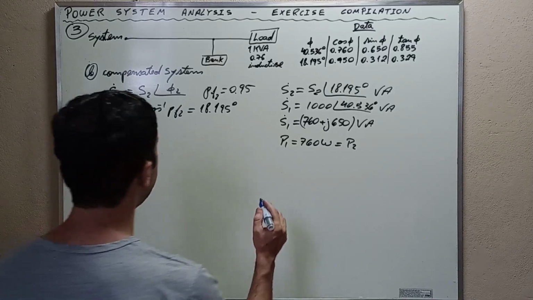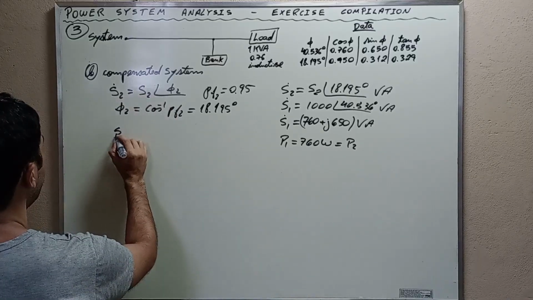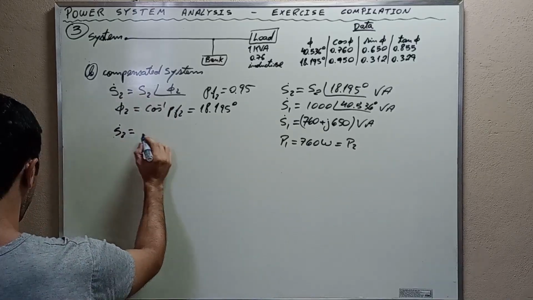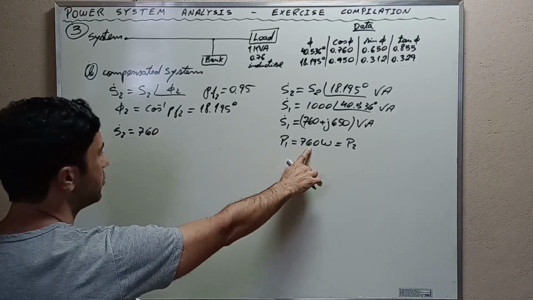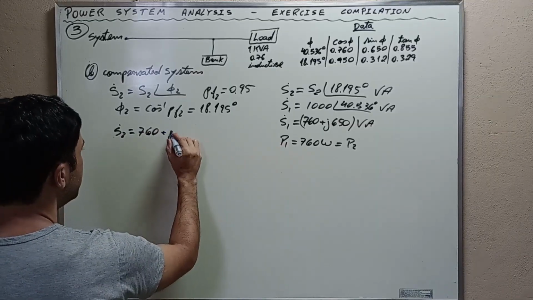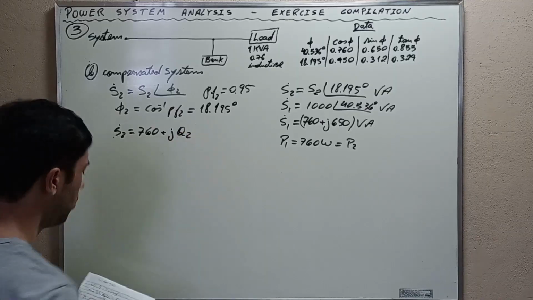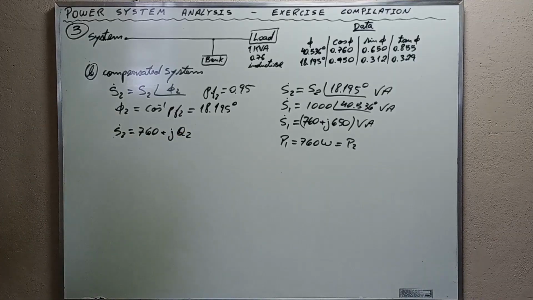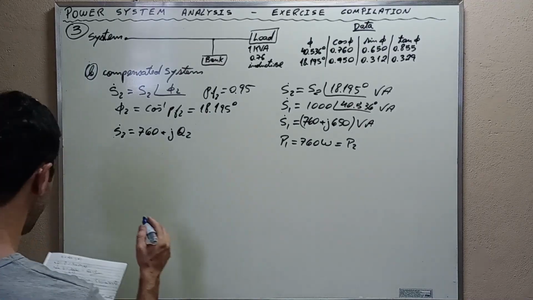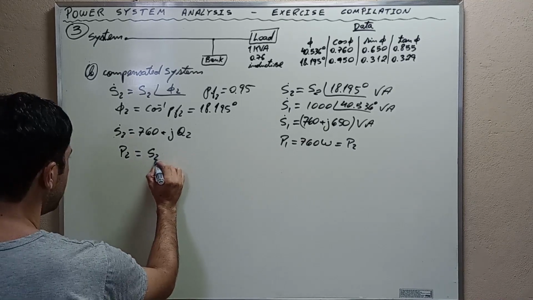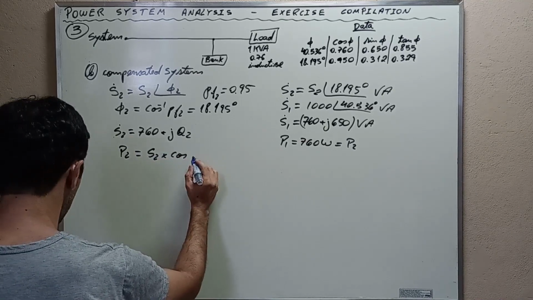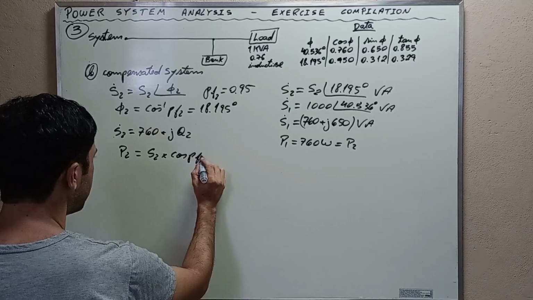Now let's return to... We are going to see that S2 is going to be equal to 760 because this does not change, plus JQ2. And we need to calculate Q2. Okay, P2 is equal to S2 times the cosine of the power factor 2.